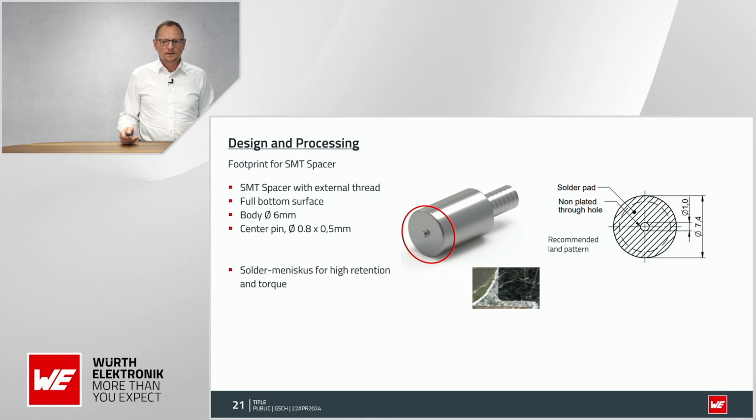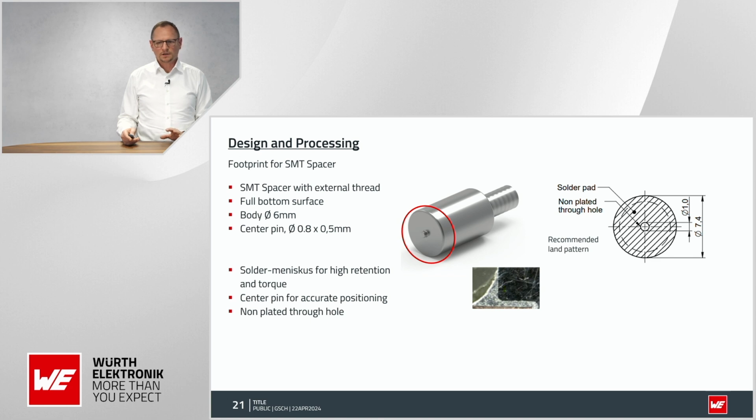So it's of course important that at the edge of the PCB, or the junction of the PCB to the part, a meniscus should appear all around the component, and this is where the high retention and the torque comes from. And also because there's a very big surface here. So the center pin is for accurate precision, as mentioned, and non-plated through hole.